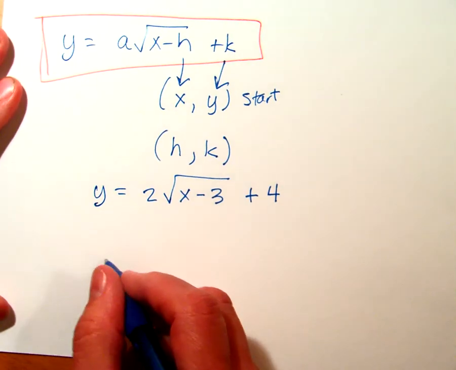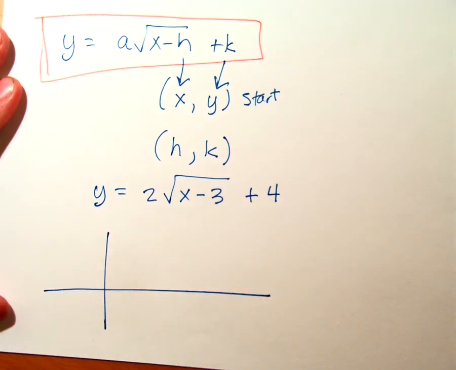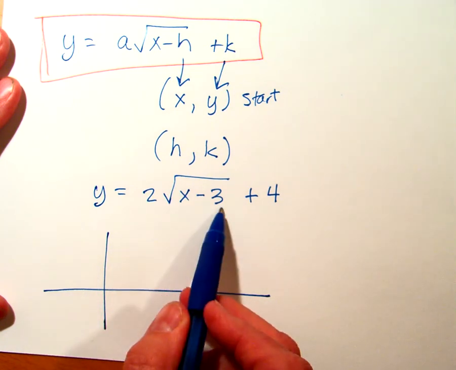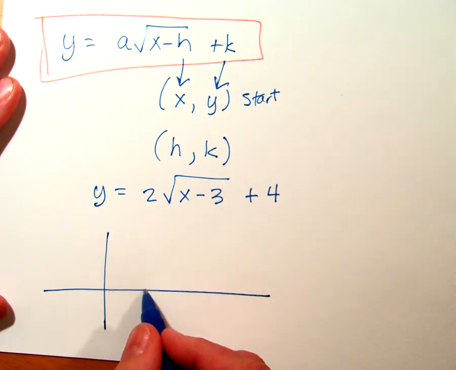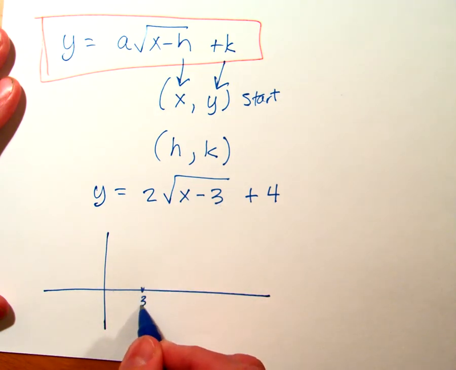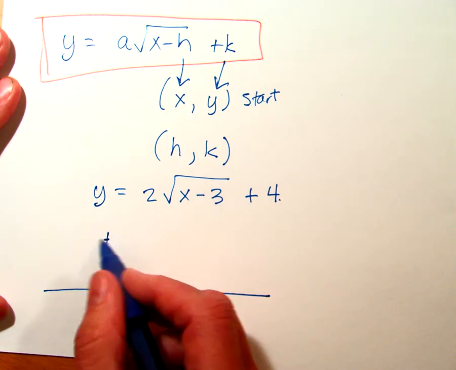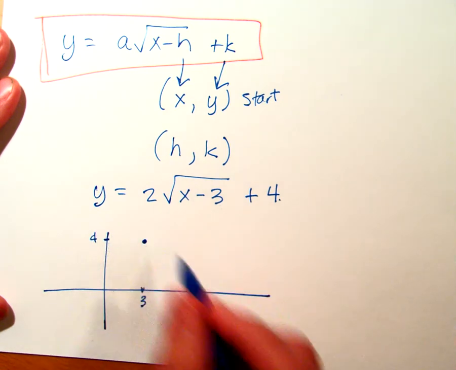Okay, so where am I going to start? Well, 3, not negative 3. 3 is how far to go on the x, and 4 is how far to go on the y. So this is where I'm going to start.